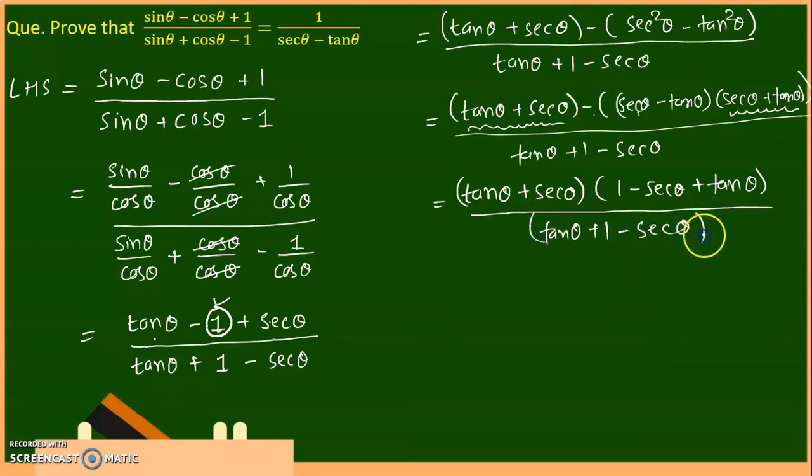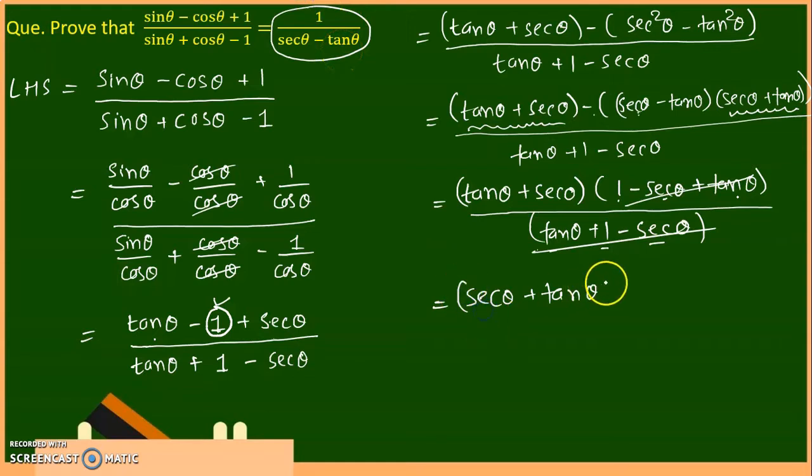So if you observe, in the numerator we have 1 minus sec theta plus tan theta, and in the denominator also 1 minus sec theta plus tan theta, so they are equal and will be cancelled out. So we have tan theta plus sec theta, or you can write sec theta plus tan theta. Now in the right hand side we want sec theta minus tan theta.